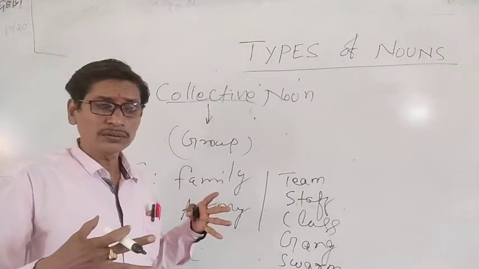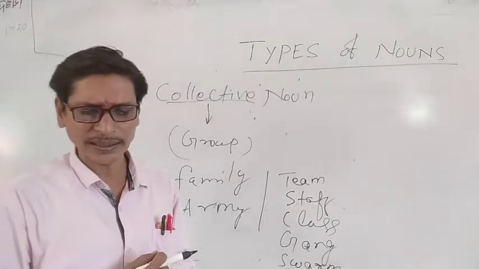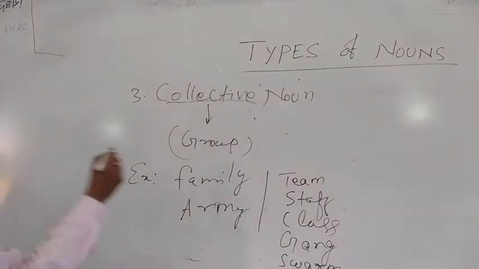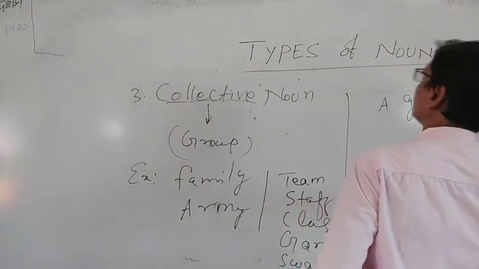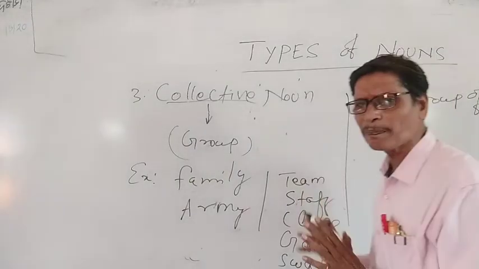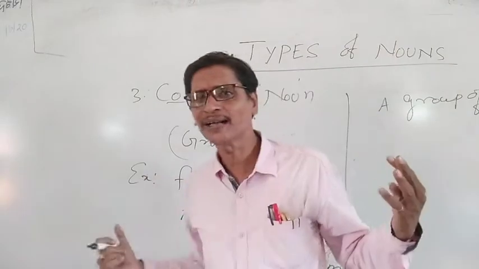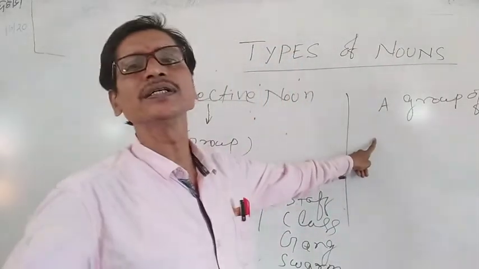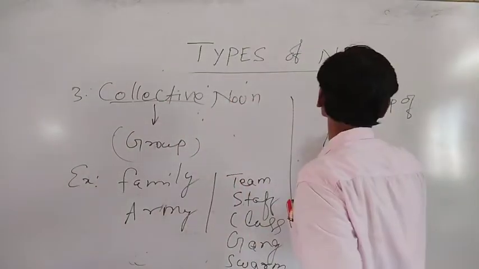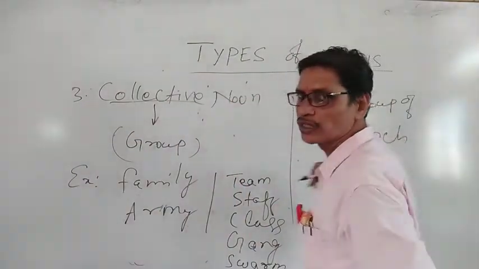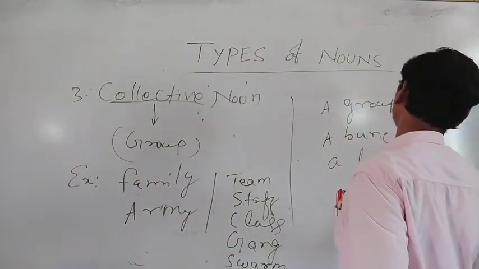To express collective nouns, we can also use some other words like a group of, a team of players, a bunch of, and a lot of.